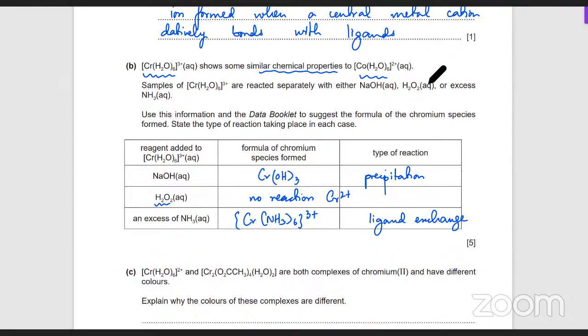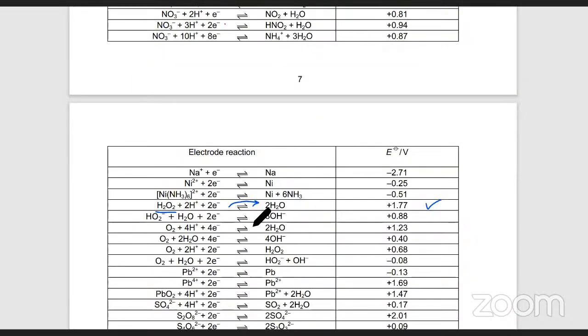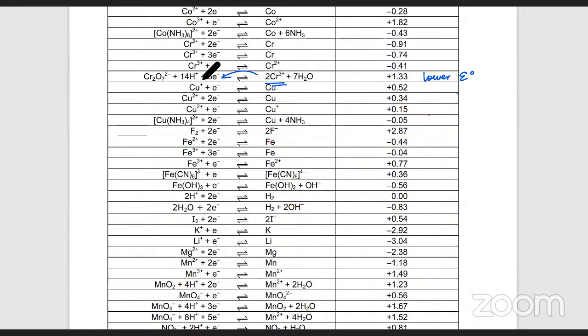So it should have written acidified, okay? That is why I had rejected that equation. But is this part clear? This one? Okay, H2O2 is the one that's gaining electrons, higher potential, and chromium 3 plus is the one that's losing electrons. That's your lower potential. You clear?